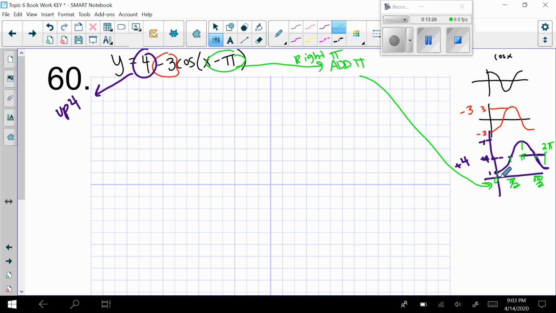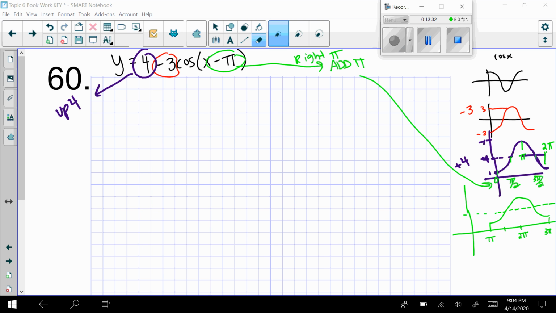Go ahead and pause it, see if you can come up with what those are going to be by yourself. Okay, I did most of these, so I'll do a couple with you. See how at the midline at pi over 2, I have to add pi to that?